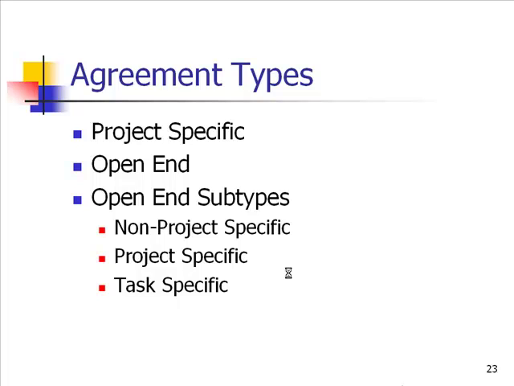There is a new subtype for open-end project-specific agreements. There's also a subtype of task-specific for open-end task-specific agreements. So the open-end agreements will now have a subtype, either non-project-specific, project-specific, or task-specific.